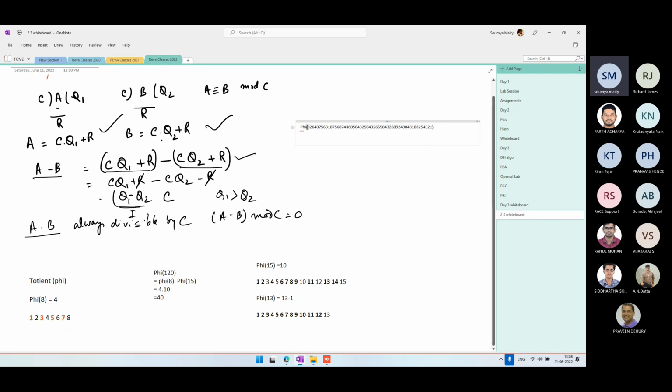But if somebody knows that this is actually a product of two other prime numbers, then I don't even need a computer, I can immediately find out.